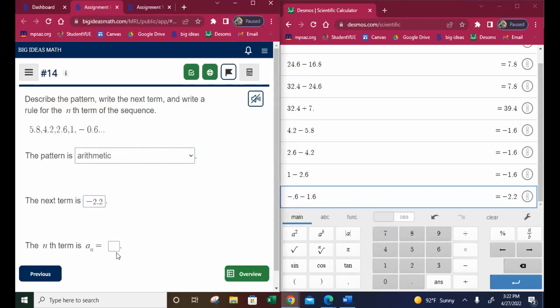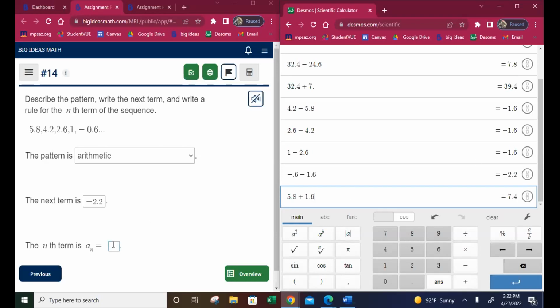So for the nth term, you have to find the term before 5.8. Because the numbers are going down, you're going to actually add 1.6 this time, because it has to be bigger. You go to the first term, 5.8, and instead of subtracting 1.6, which would give you 4.2, you have to add it to get the one before it.